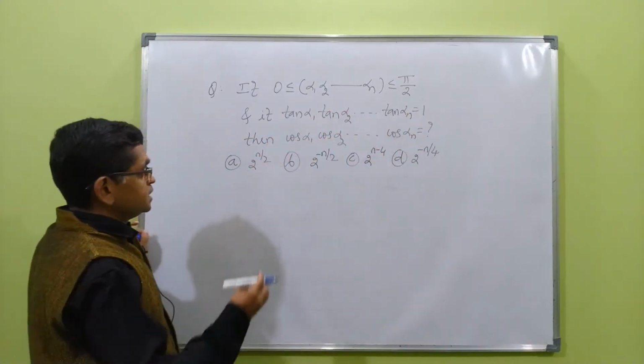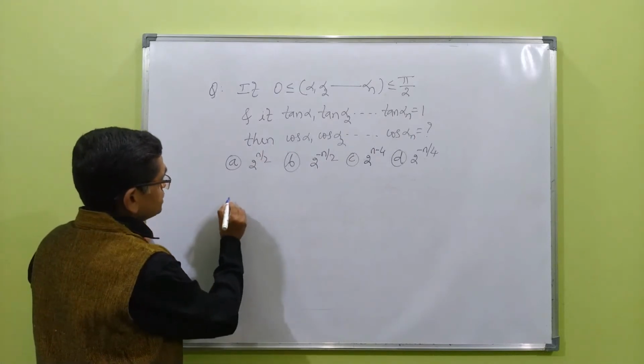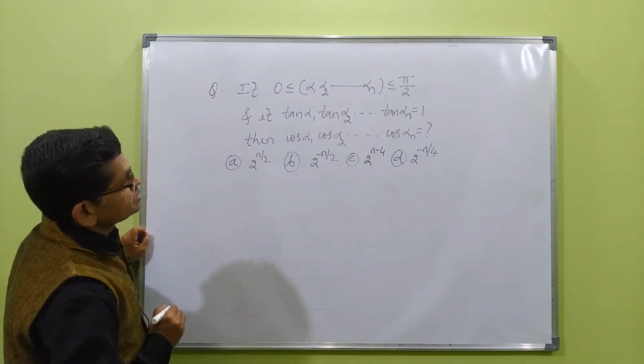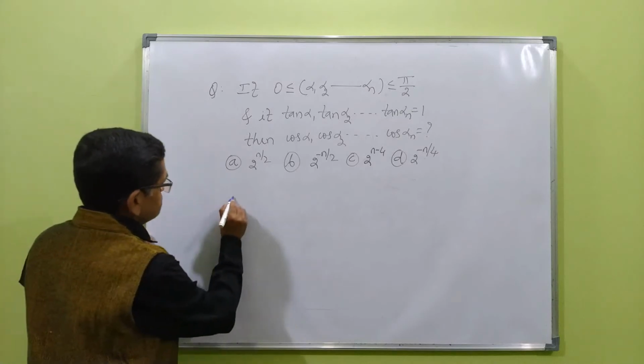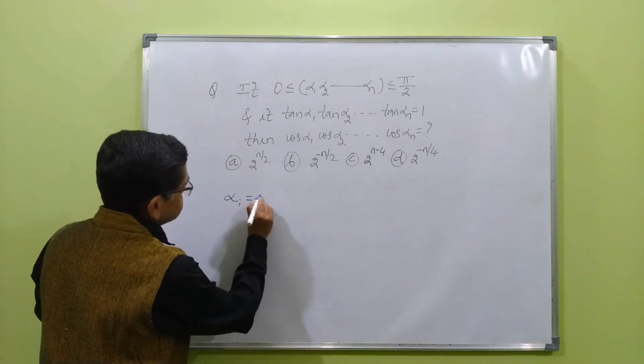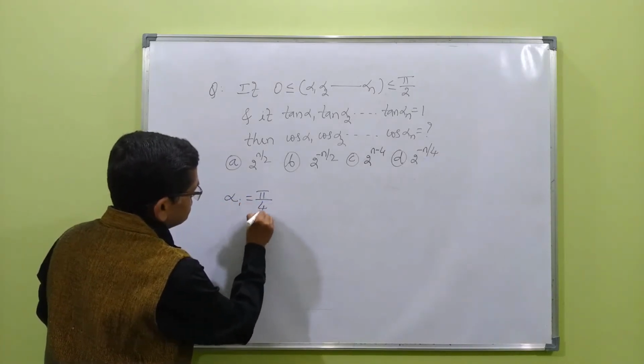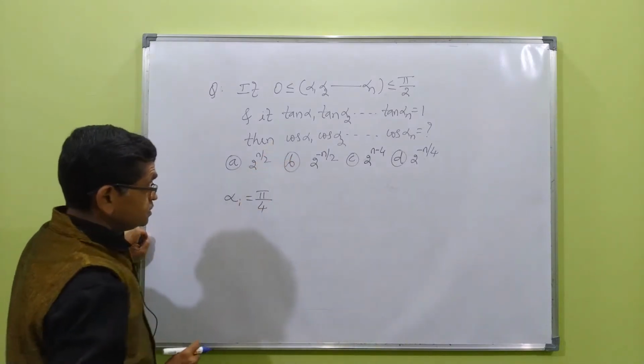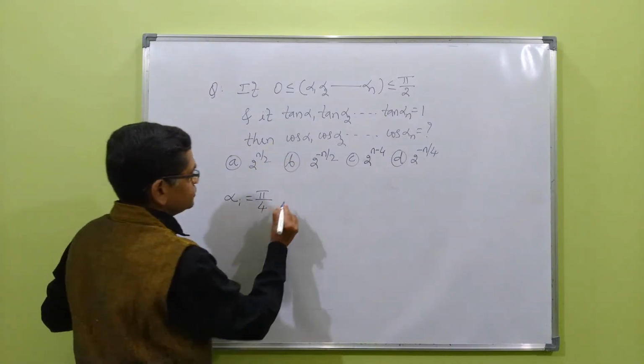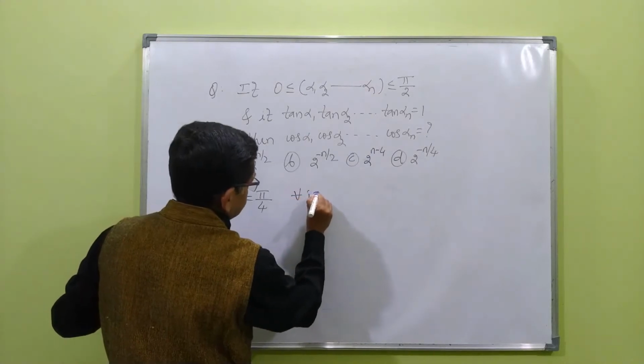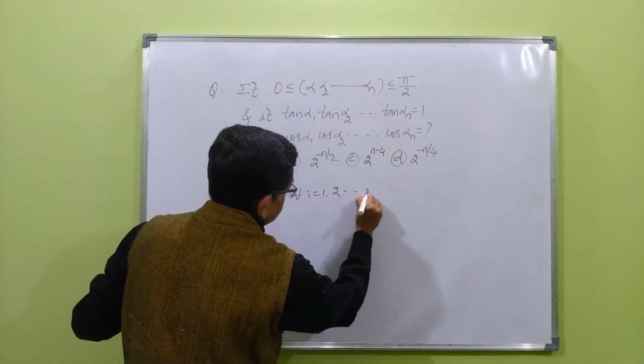So let us take alpha 1, alpha 2, so on up to alpha n, each alpha i equal to pi by 4. Then cos alpha 1, cos alpha 2 are all the same, for all i from 1 up to n.